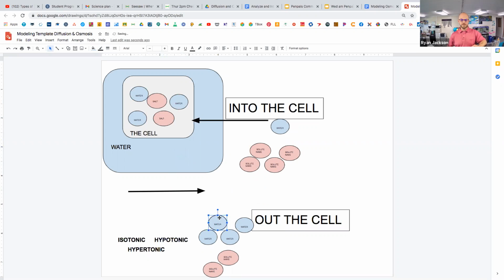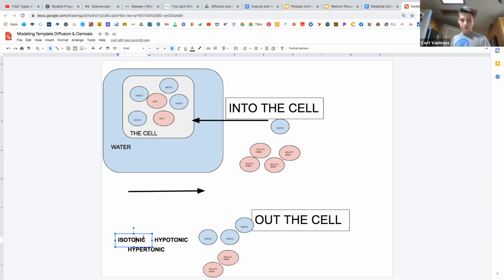Now look, I've got only 2 salts, which obviously there's thousands of salt molecules and thousands of water molecules. But let's just say this is just a model. You're supposed to show that there's more water than salt. Does anyone know, if there's more water than salt, what do I get? Is it isotonic, hypo, or hyper?